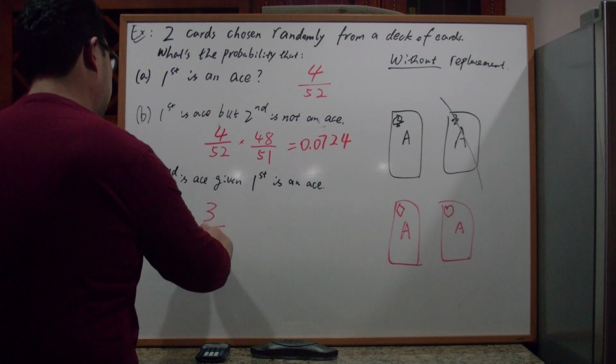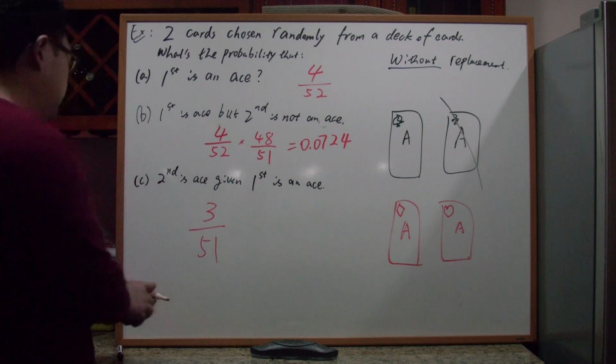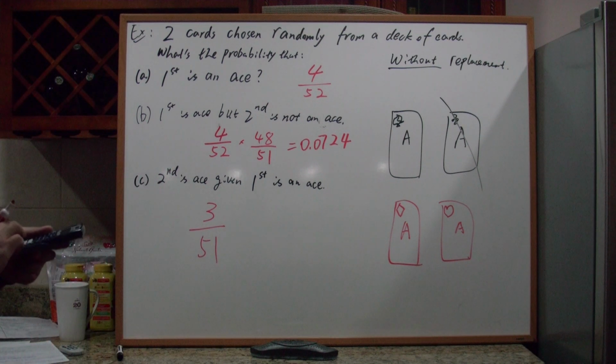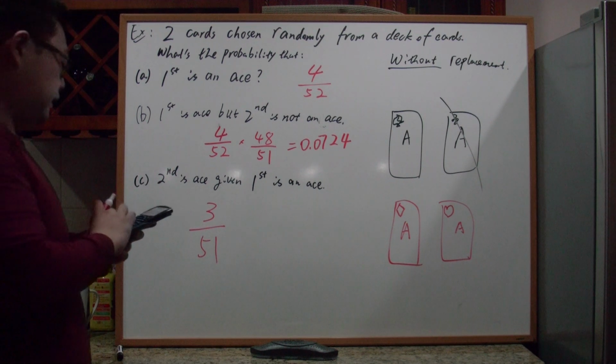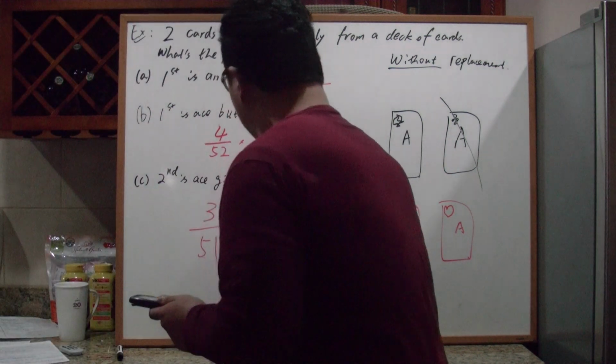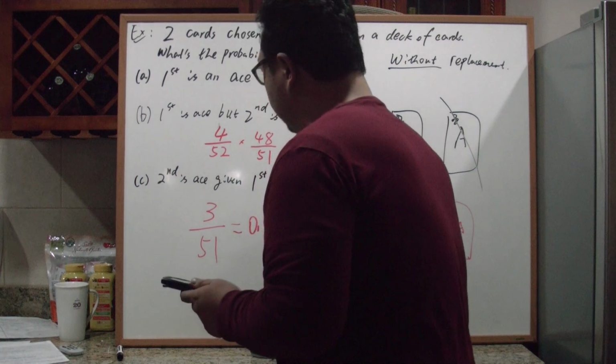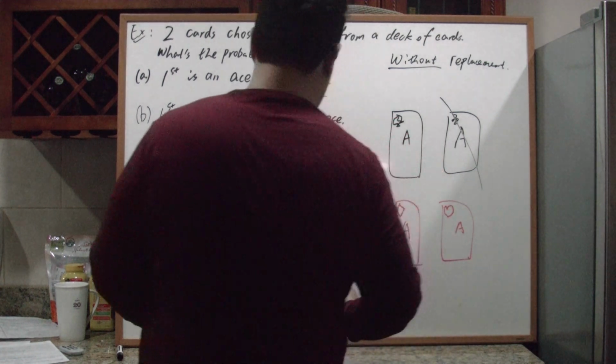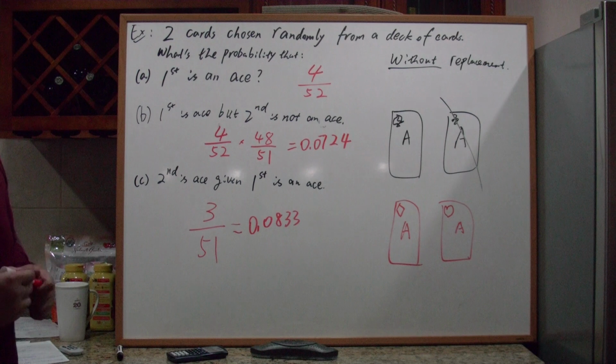That's 1/17, 0.0588 if you want to convert into decimal.